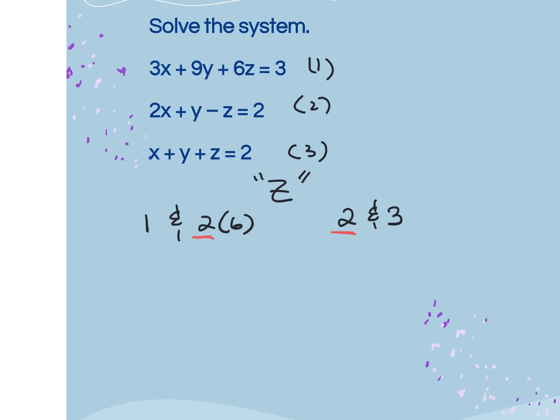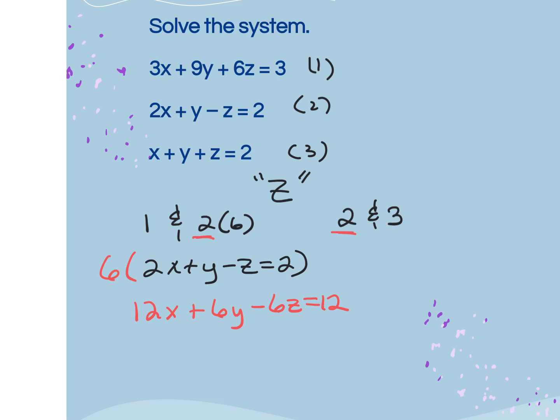So let me take equation 2, and I'm multiplying by a 6, not a 2. So I'm multiplying equation 2 by 6. Equation 2 is 2x plus y minus z equals 2. Once I multiply, I get 12x plus 6y minus 6z equals 12.